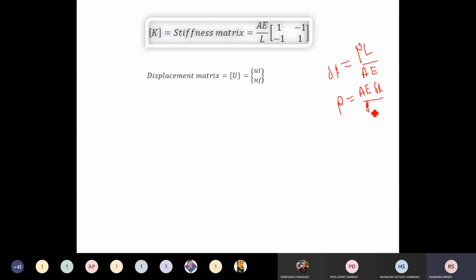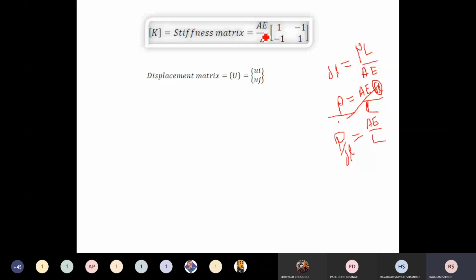Now if I take this to the other side, that is P by delta L. What is it? It is a force per unit displacement. Am I right? It becomes AE by L. Do you agree with this?